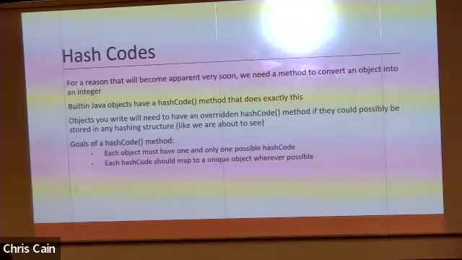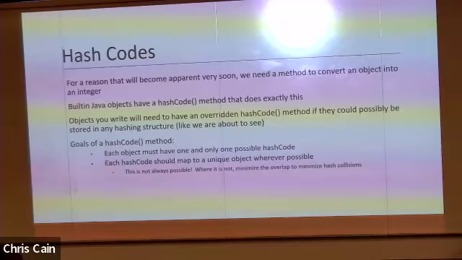And then wherever possible, a hash code should map to a unique object. That means that that integer should represent the fewest number of possible objects. This is not always possible. It's usually not possible, so we need to design something that intelligently minimizes collisions where two different objects map to the same value.